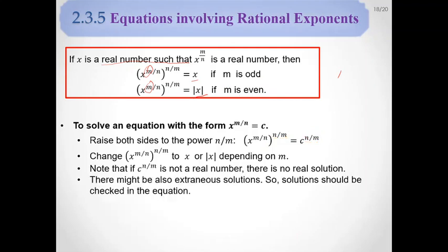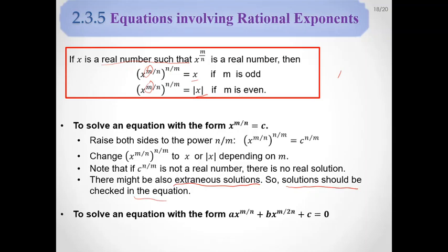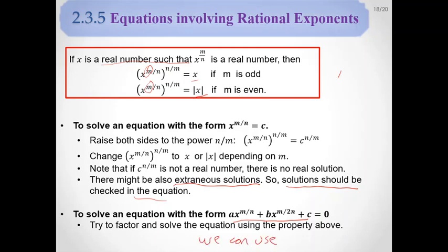And the other thing is there might be some extraneous solutions, so the solution should be checked in the equation. To solve such equations, we will do some factoring, and maybe we can use some substitutions. Also this substitution, because the idea here is this one and this one.